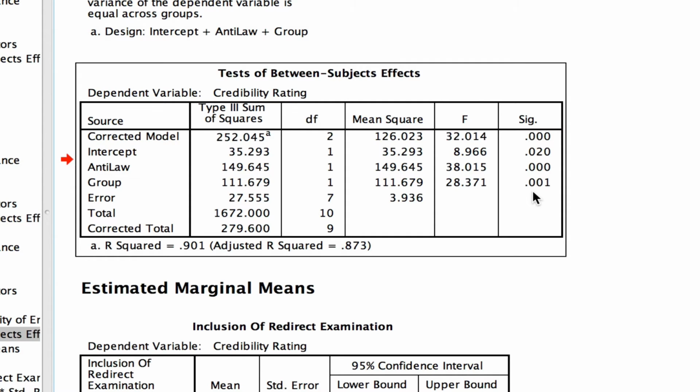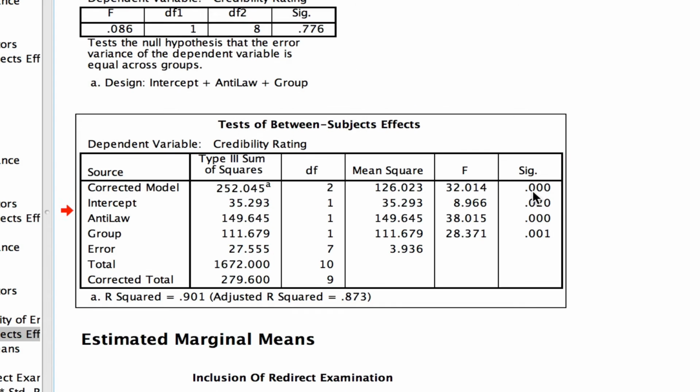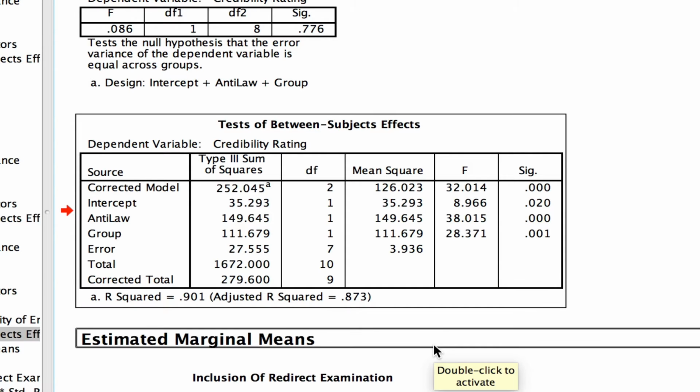Now, if we see what this is doing, you can see here we've got our experimental effect had a mean square of 111 units, and there were 3.993 units of error.